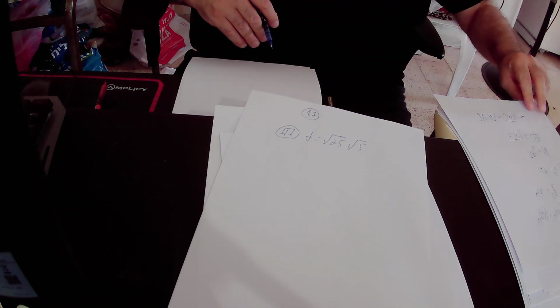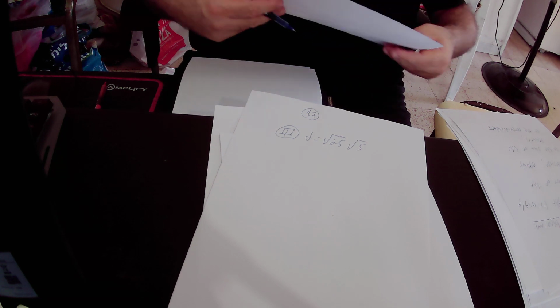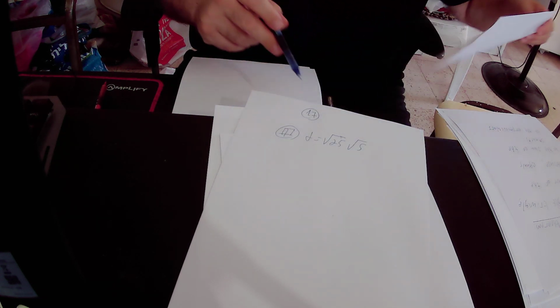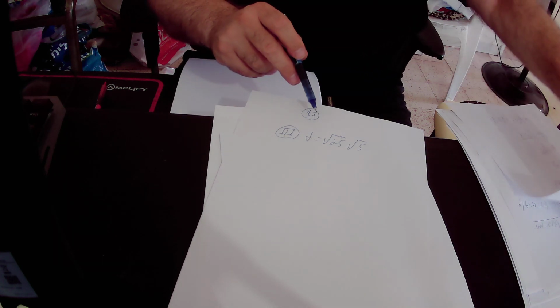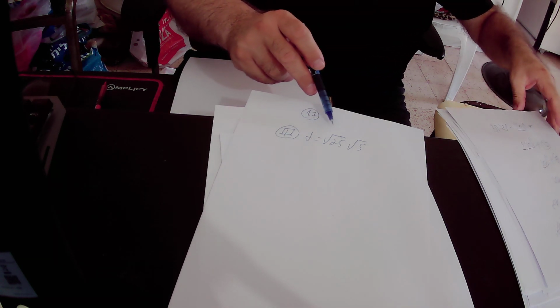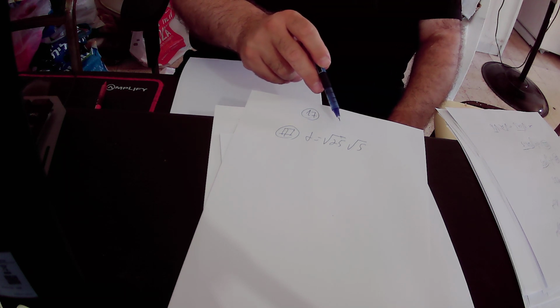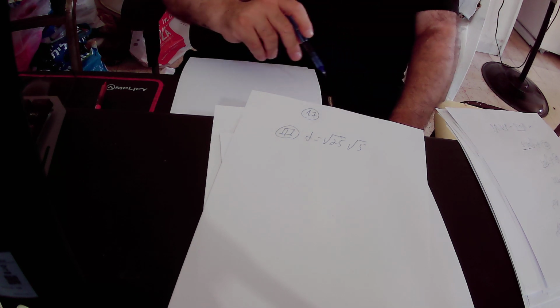We got that d equals, instead of 25 times 5, we split it into 2 roots. D equals root 25 times root 5.